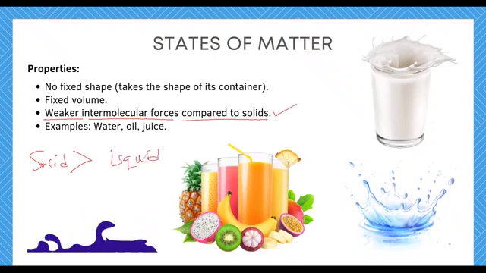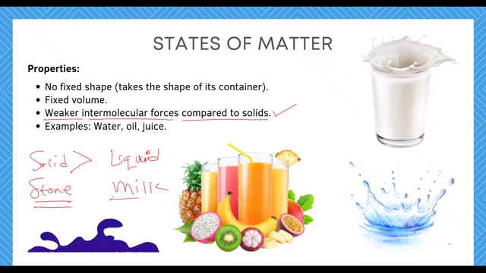For instance, if I have a stone, which is in the solid state of matter, and then I have, let's say, some milk, which is in the liquid state of matter, which of these two would it be easier to break down? Dominic, can you respond to that question? If I want to break down some stone and I want to break down milk, which one would it be easier to break down?